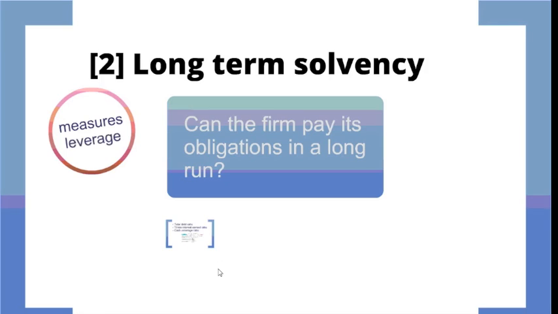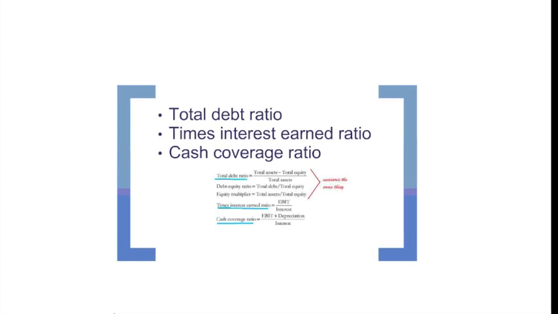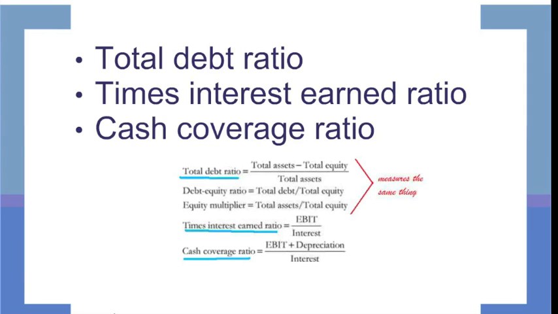Second area we can measure is long-term solvency, also known as leverage. That is the firm's ability to pay its long-term debts. Examples here would be total debt ratio, times interest earned ratio, cash coverage ratio.